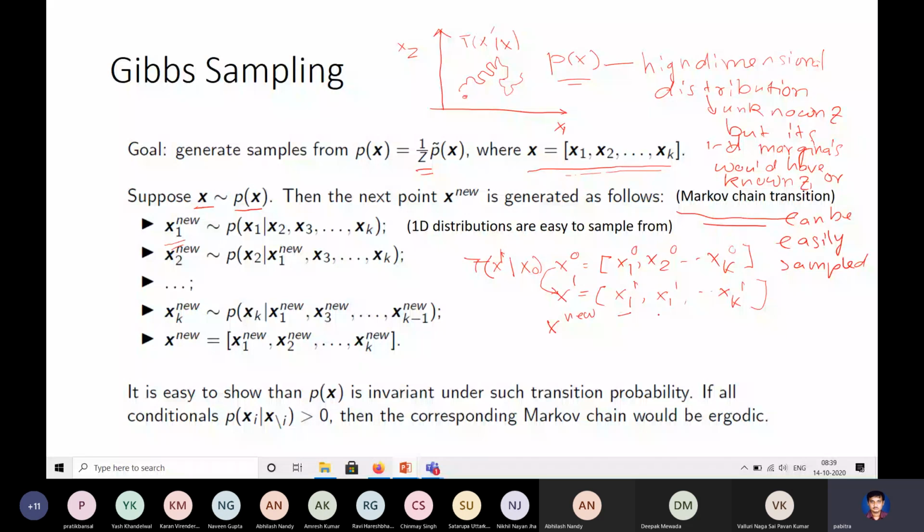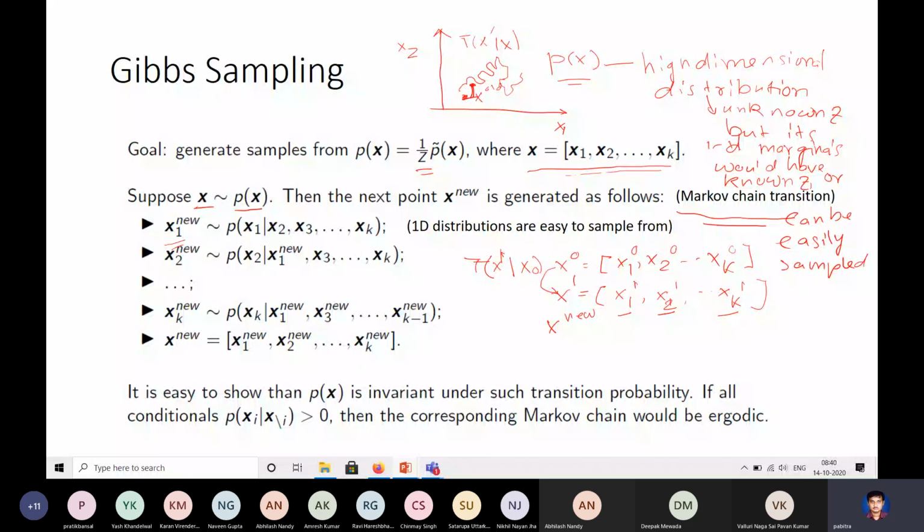I generate x1 first, then x2, then up to xk. In this way, one dimension at a time, I generate the new vector. Pictorially, if this is my x old vector, for the x new I'll first generate the first coordinate, then the second coordinate, and if there are more coordinates, I'll generate them one by one.